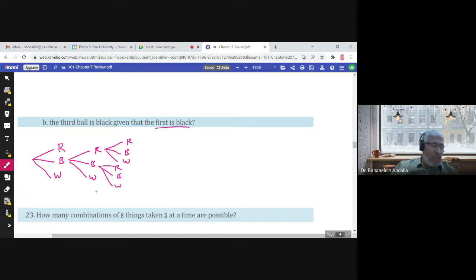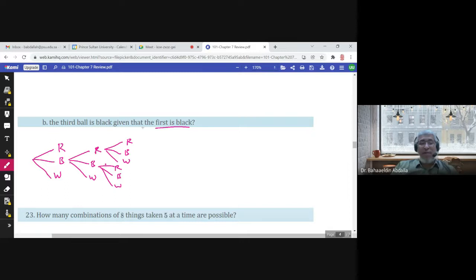So when he says that the third ball is black, given that the first is black, he has to mean here that the first two are black, because then he is asking about this conditional probability.